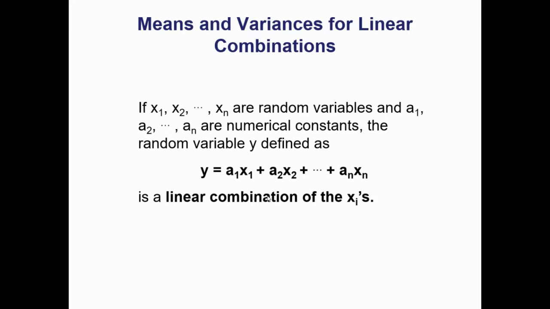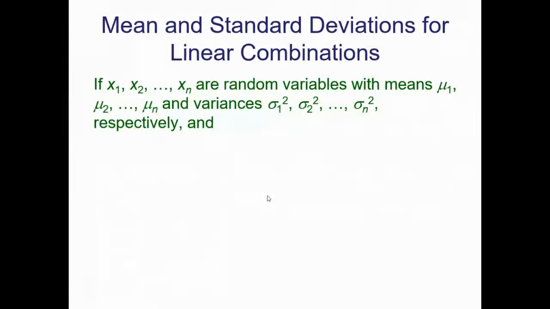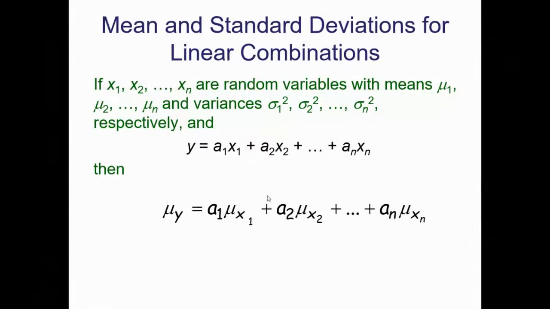Now, in our example that we just did, the a's were either 1 or negative 1. So to get the means, you can just add the means or subtract them, whatever we need to do to them. Means tend to play nice.